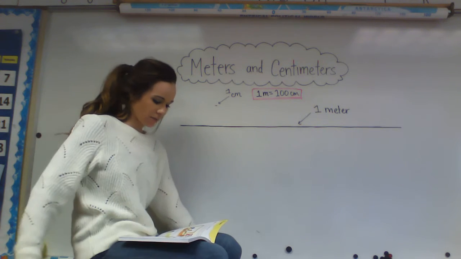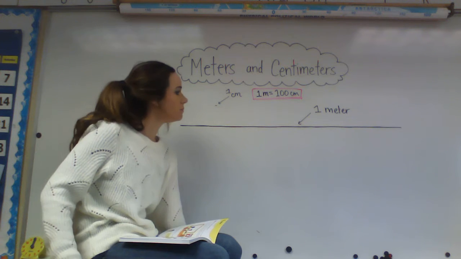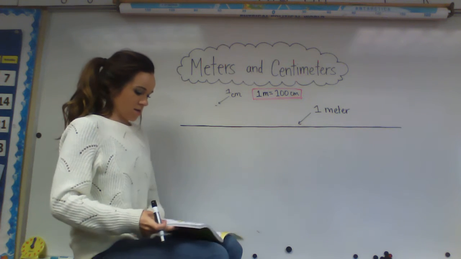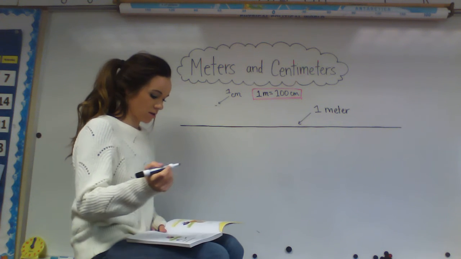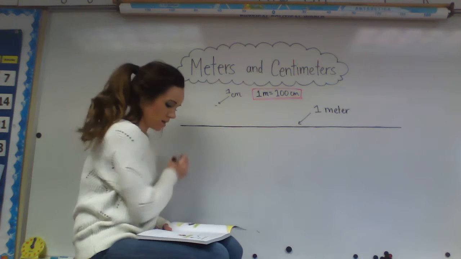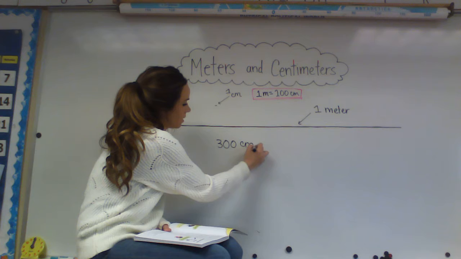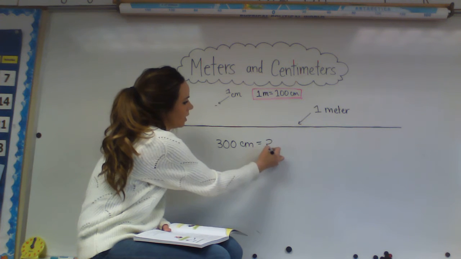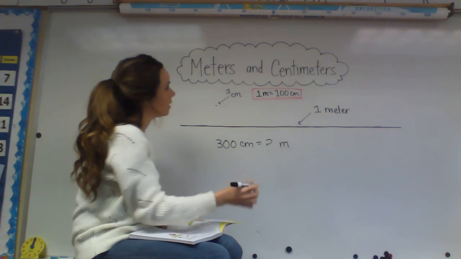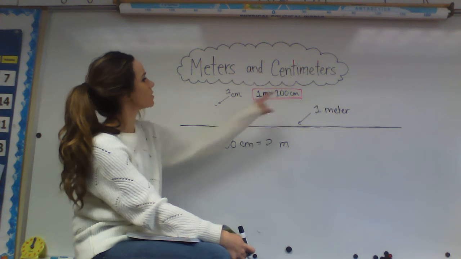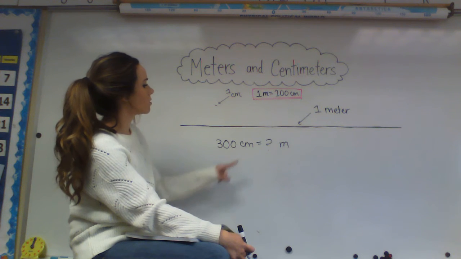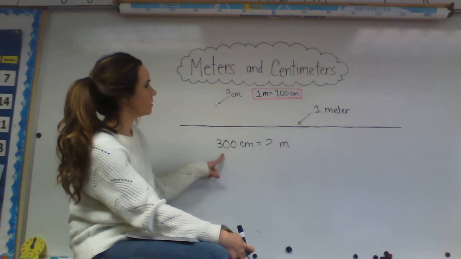All right, let's do another problem. Let's convert centimeters to meters, excuse me. So if we have 300 centimeters, we need to find out how many meters. Well, we know 1 meter equals 100 centimeters. So we're going to actually divide this by 3.